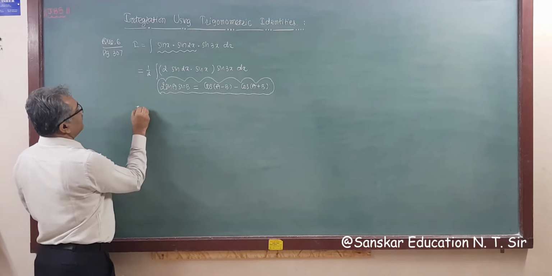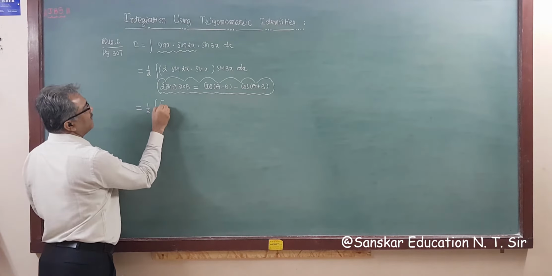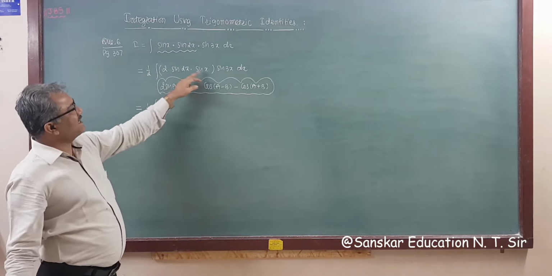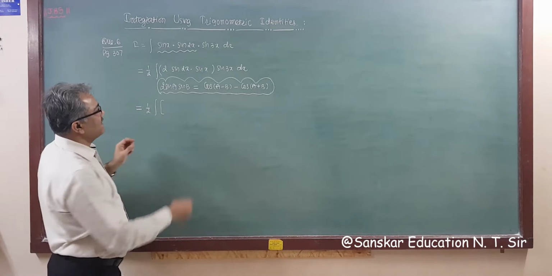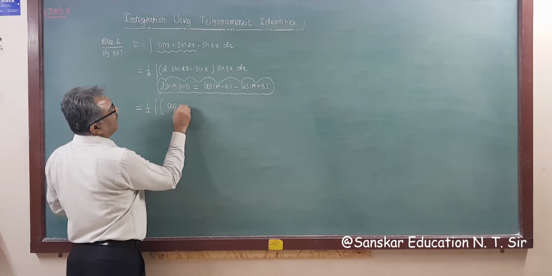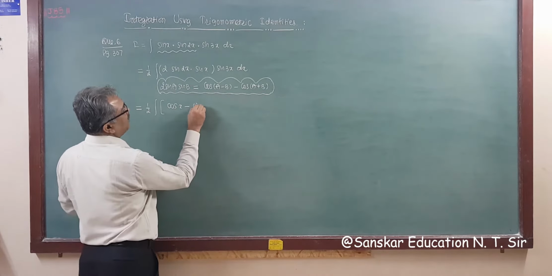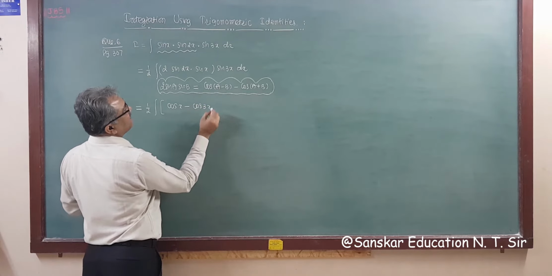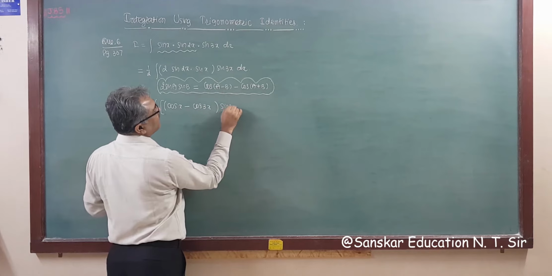what we get? This is equal to 1 upon 2 integration of 2 sin a sin b, that is cos(a minus b), which is 2x minus x, cos x, minus cos(a plus b), which is 2x plus x, cos 3x, into bracket sin 3x dx.